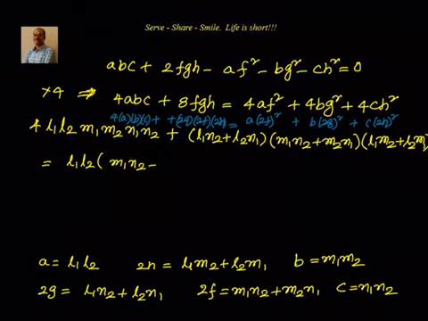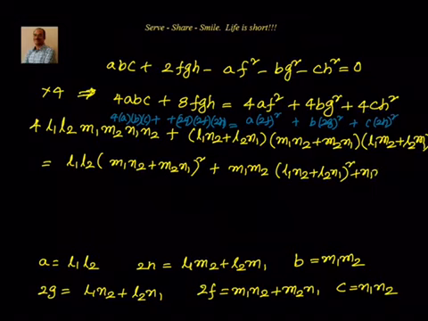So (M1 N2 + M2 N1)² plus b is M1 M2 into (2g)², and 2g is L1 N2 + L2 N1. So (L1 N2 + L2 N1)² plus N1 N2 into (L1 M2 + L2 M1)². I hope that's okay. Whole square.